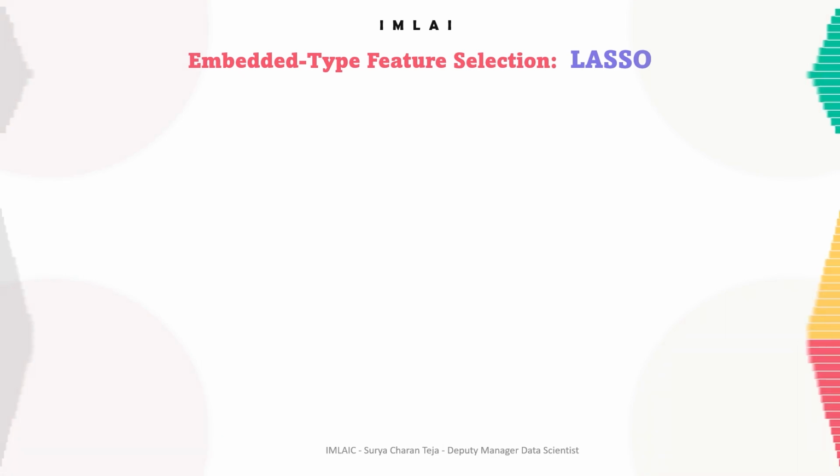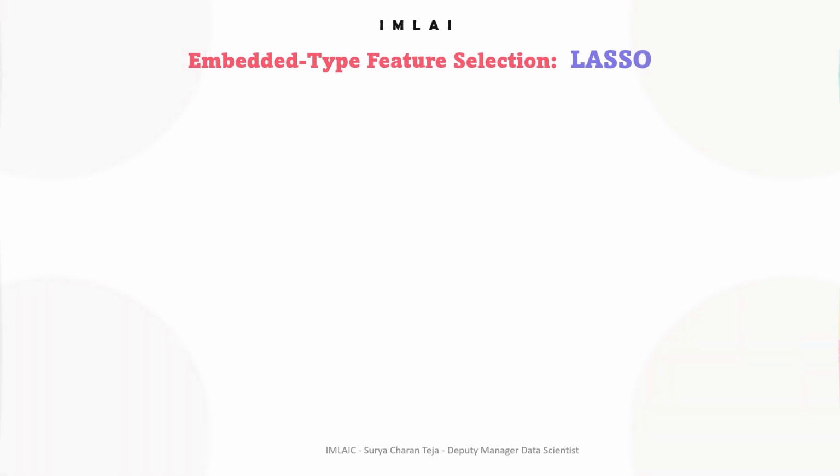By embedding the feature selection within the model, the algorithm can exploit the inherent feature selection capabilities of the learning algorithm itself. Some popular examples include LASSO, L1 regularization, Ridge, L2 regularization, Elastic Net, and other tree-based algorithms like random forest and gradient boosting.